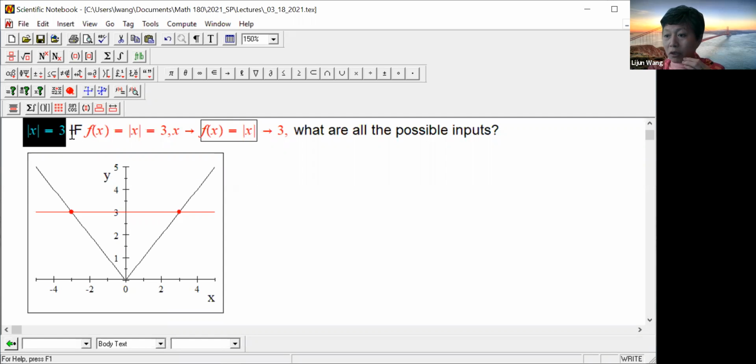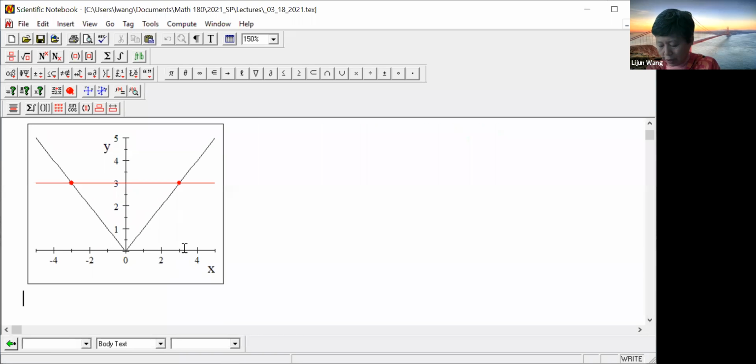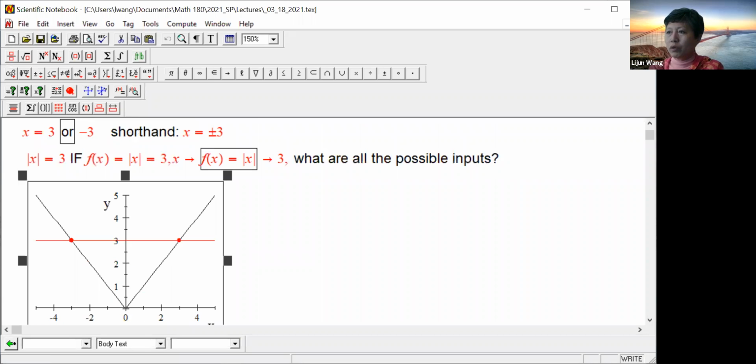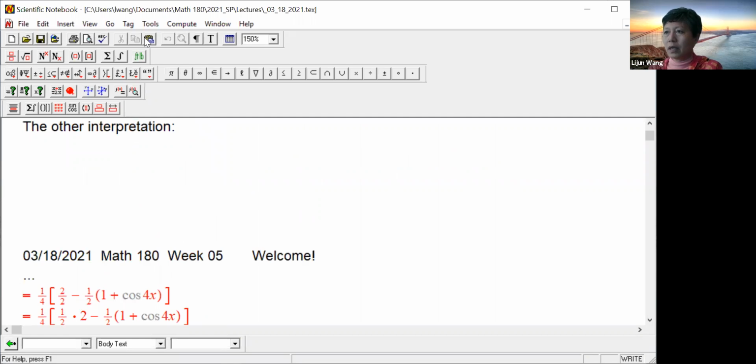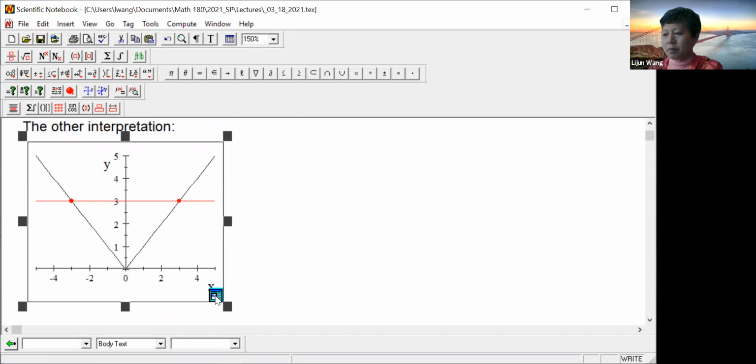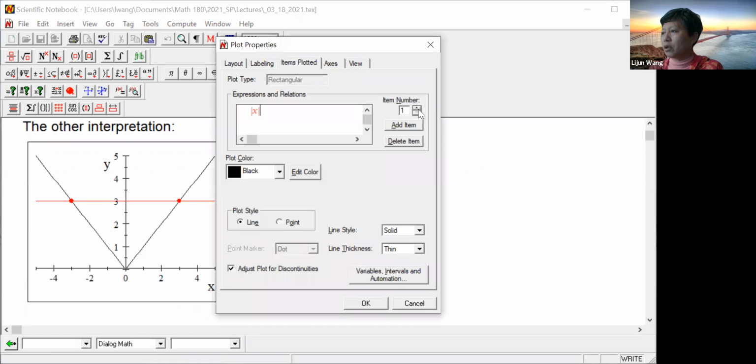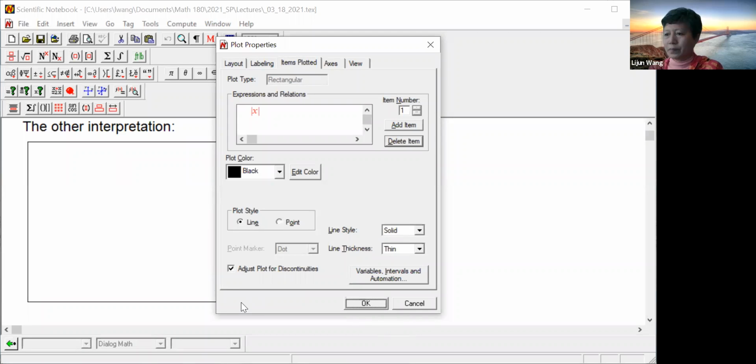If absolute value is 3, so the other interpretation, basically we don't care about this picture. I'm not going to look at this picture.